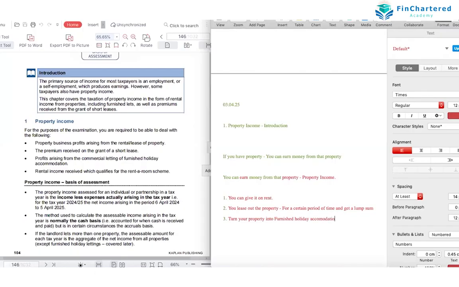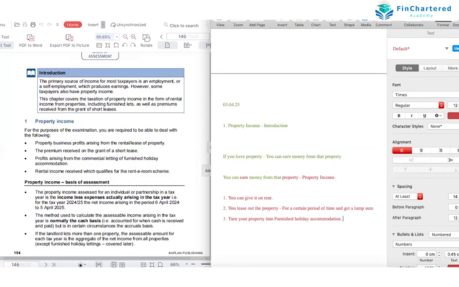This is something I'm very interested in. I don't know why, but I'm really interested in doing this short-term rental business. Take a small studio in some nice city in a prime location and rent it out short term. It will be a furnished apartment where you can stay for 4 days, 5 days, and you will pay me rent. That is one way that you can earn from property.